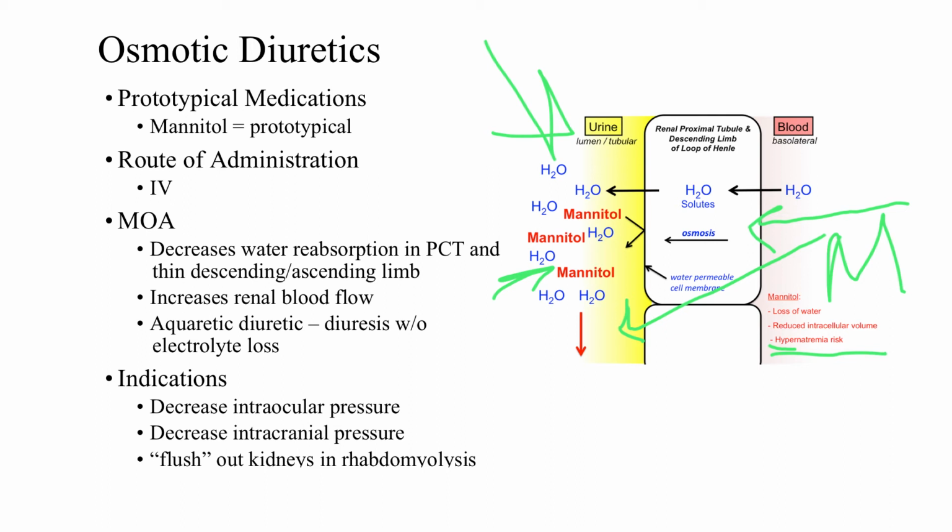It can also be used to flush out remnants of anything that may have been broken down too quickly by the kidneys. So you can see this in rhabdomyolysis, where there's a massive breakdown of myoglobin. And you can also see this with the massive breakdown of erythrocytes in different types of hemolytic states. So osmotic diuretics given IV promote water loss, diuresis, through just the osmotic gradient change by introducing mannitol to the system.